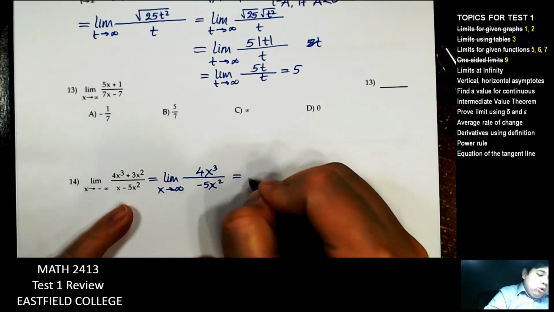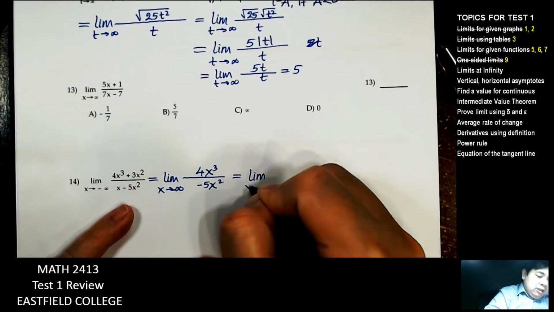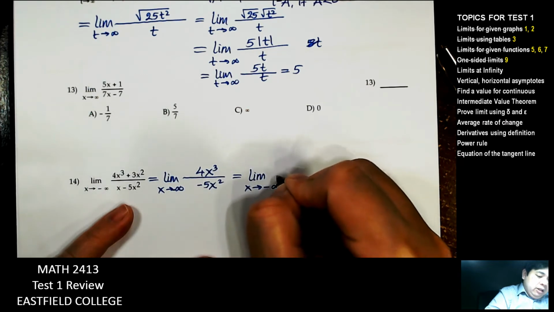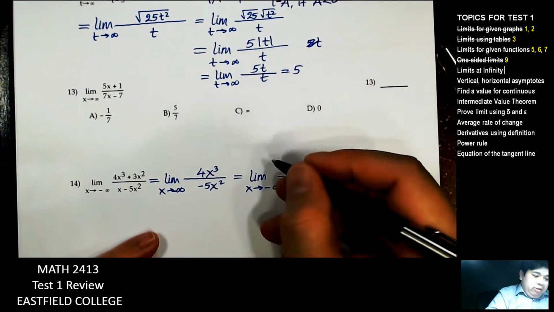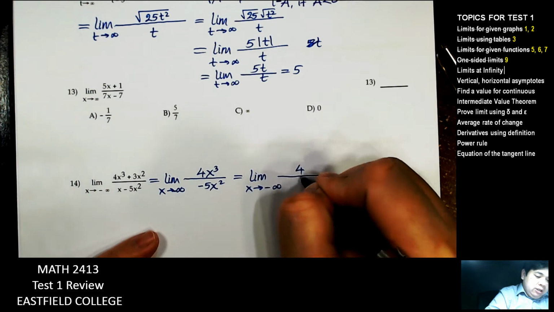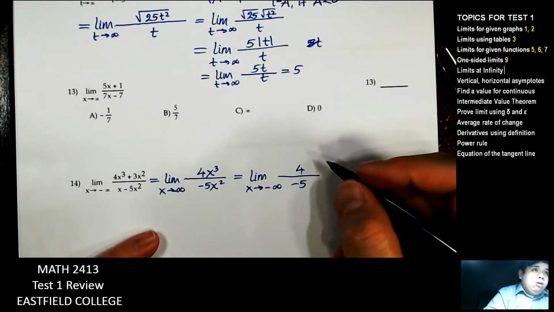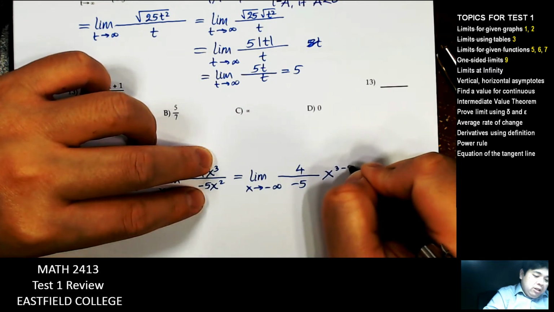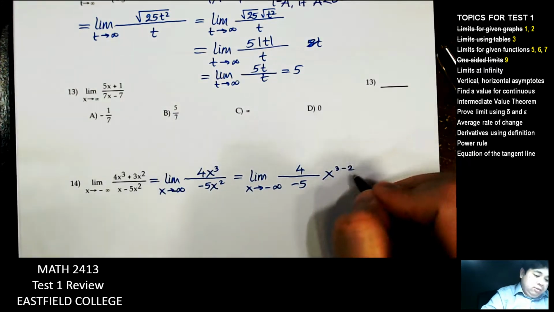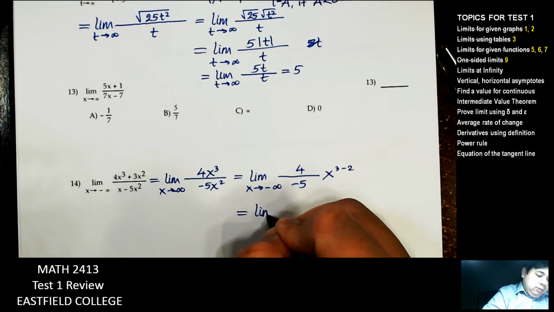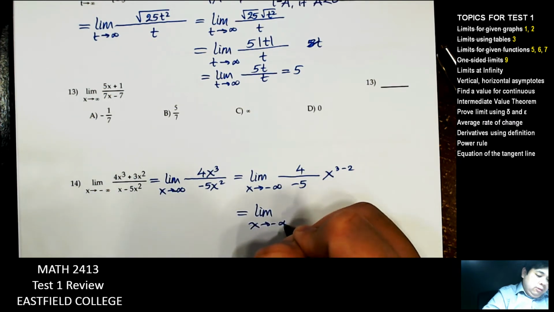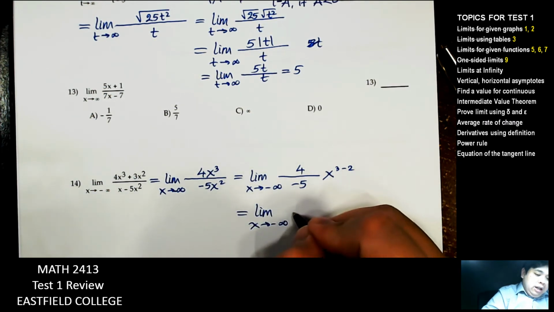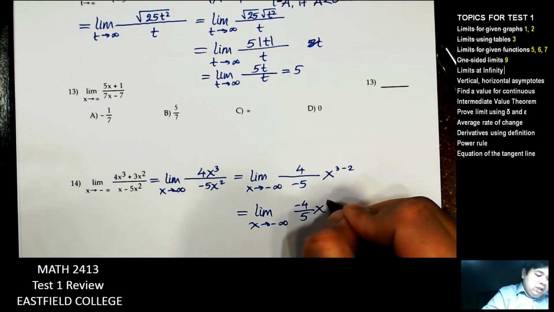Right. Now we simplify: 4 over negative 5, not much to it. Now the power: dividing is subtracting the powers. That gives us negative 4 over 5 x to the first.